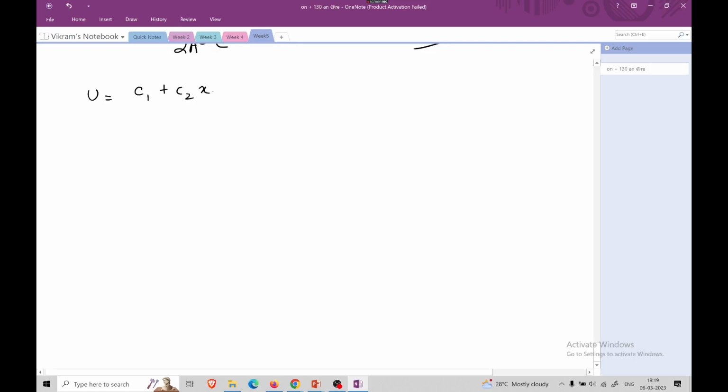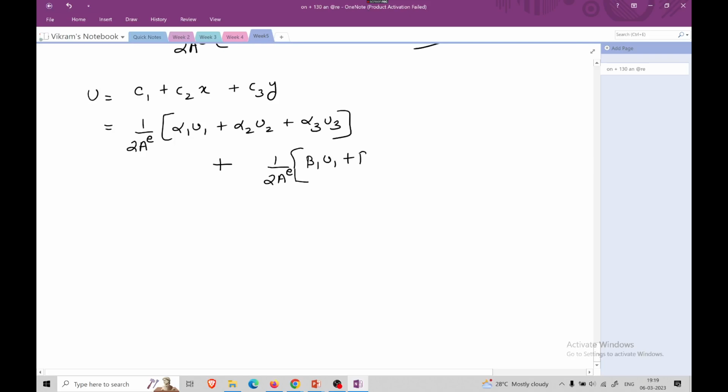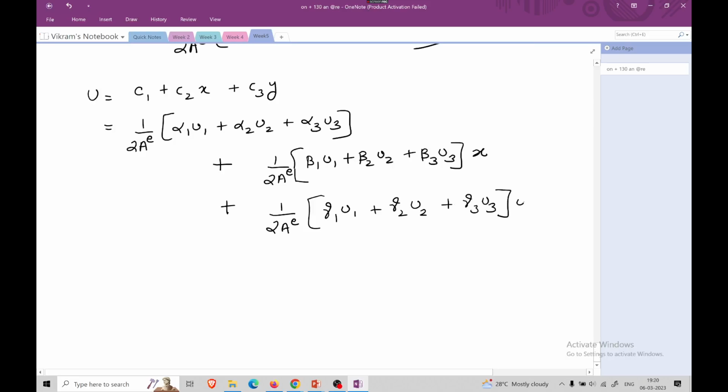C1 plus C2 x plus C3 y. So what is my C1? 1 by 2AE into alpha 1 U1 plus alpha 2 U2 plus alpha 3 U3, plus C2, again 1 by 2AE into beta 1 U1 plus beta 2 U2 plus beta 3 U3 into x, plus 1 by 2AE into gamma 1 U1 plus gamma 2 U2 plus gamma 3 U3 into y.